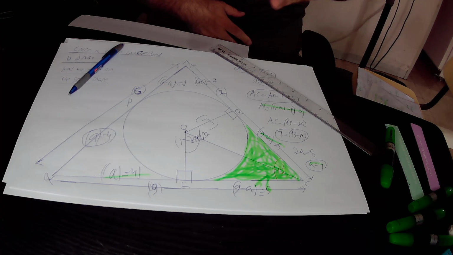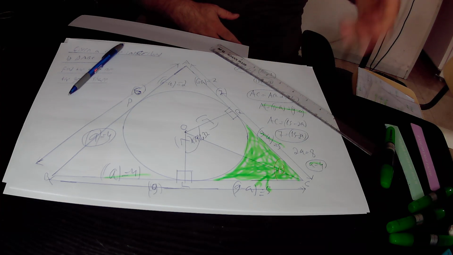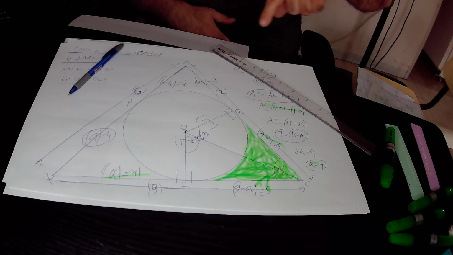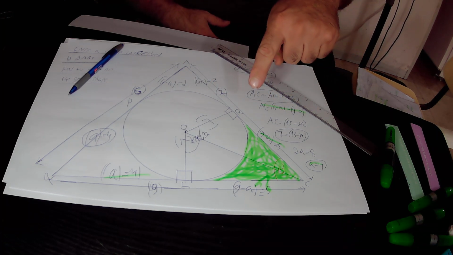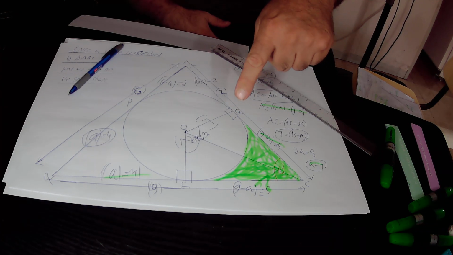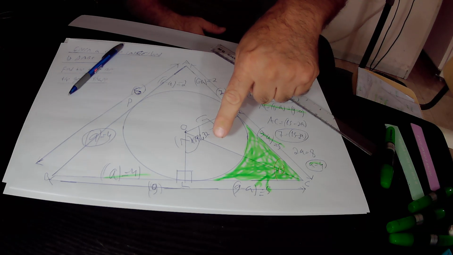So the area of quadrilateral QOLC must be equal to the sum of the areas of the two shapes that it consists of. So the area of quadrilateral QOLC must be equal to the area of the first shape, the right triangle QOC, plus the area of the second shape, this triangle OLC.